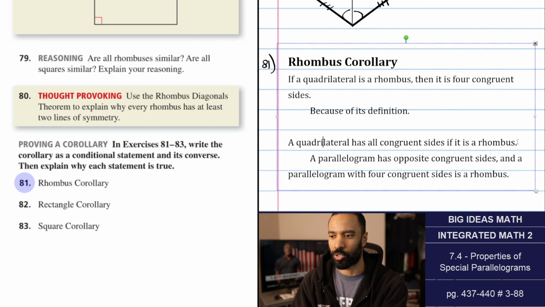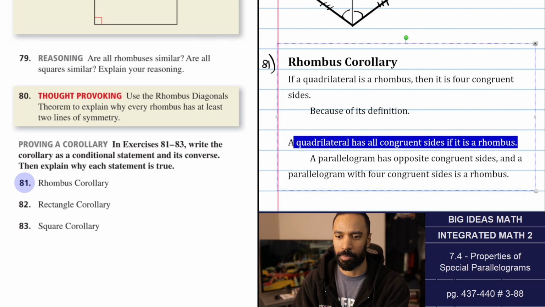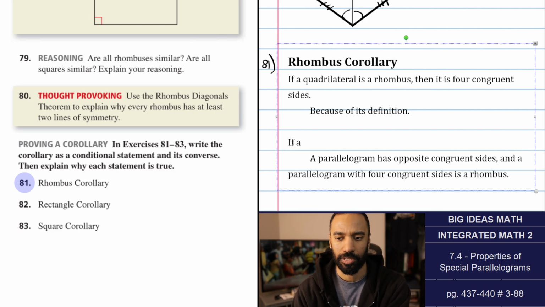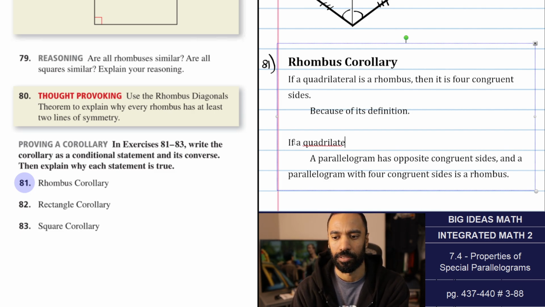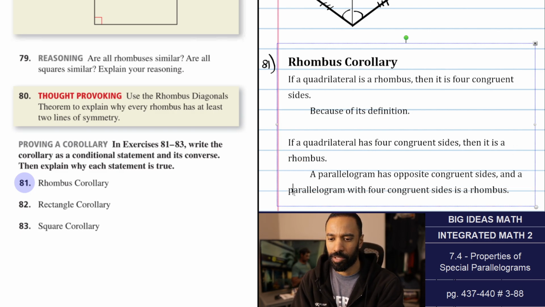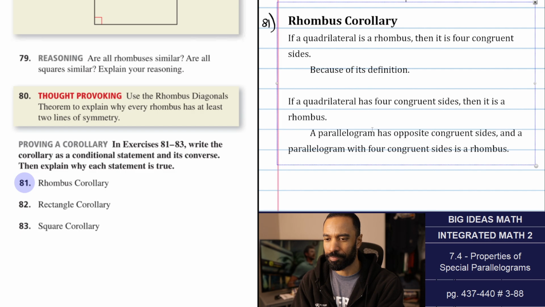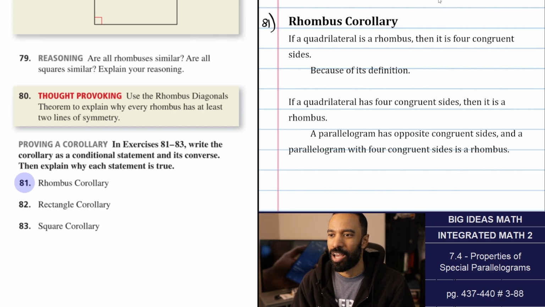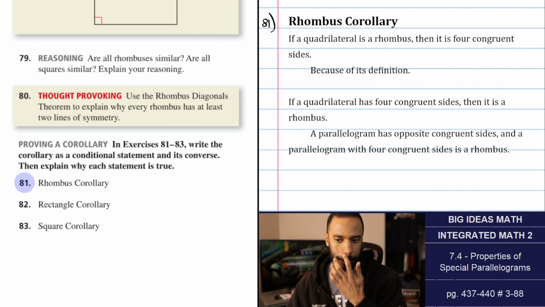And then if a quadrilateral has 4 congruent sides, then it is a rhombus, because it's conditional. I was looking at my conclusion, going like, well, I'm not really saying my conclusion as it being a rhombus there. All right, I think that's going to help with some of the other ones that I say after that.